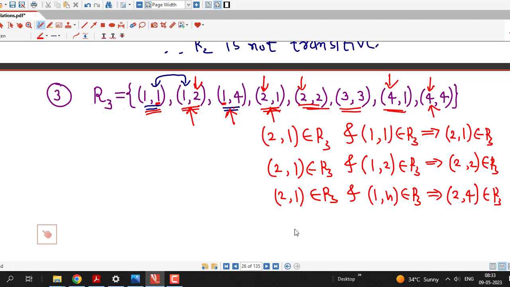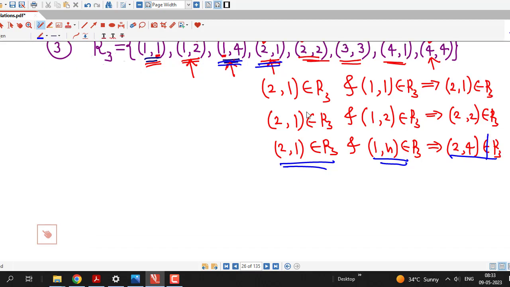So we have obtained another combination for which the condition of transitive relation is not satisfied. (2,1) is present in R3, (1,4) is present in R3, but (2,4) is not present in R3. Therefore, R3 is not transitive.